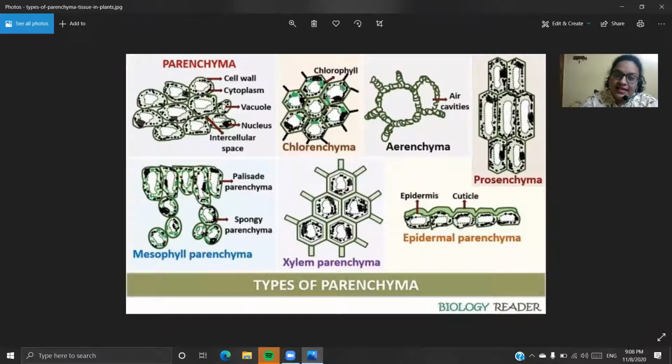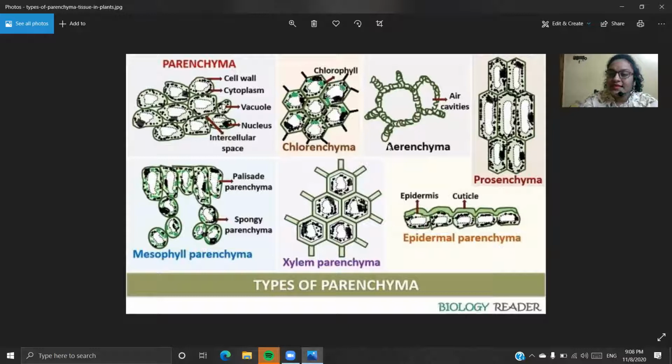Remember that these cells are going to have intercellular spaces, not larger, but smaller intercellular spaces are present. If the parenchyma has the presence of chloroplast, we are going to call it a chlorenchyma, and it helps in photosynthesis, and it synthesizes the organic molecules, assimilates them, and stores them.